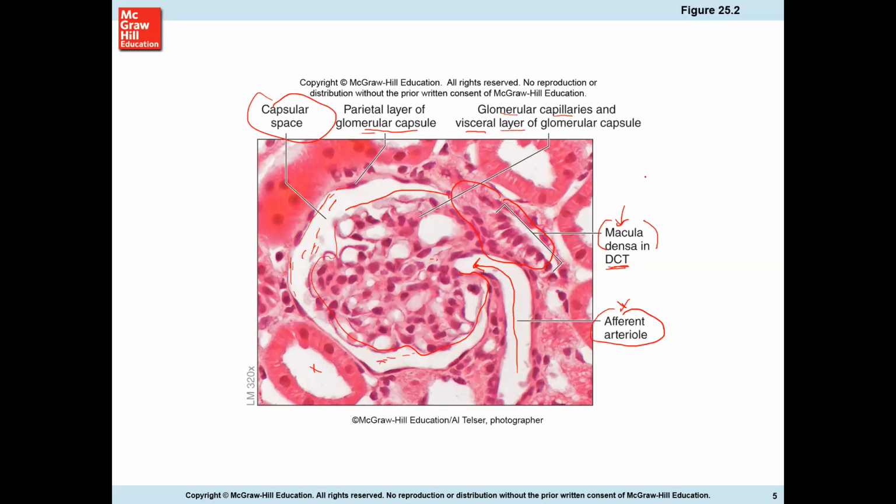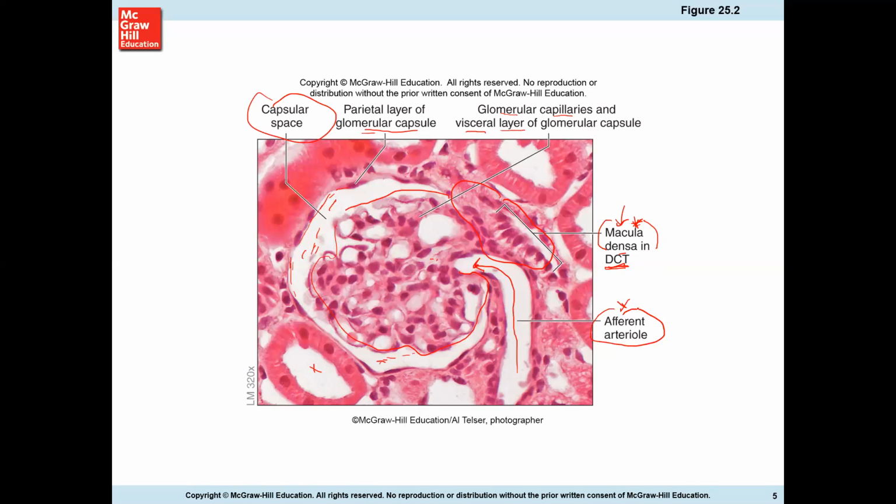Because remember, water follows sodium. So the macula densa is very sensitive to blood flow, concentration of sodium, and the amount of water that's in your blood. So there's a message between the DCT, macula densa, and the afferent arteriole.